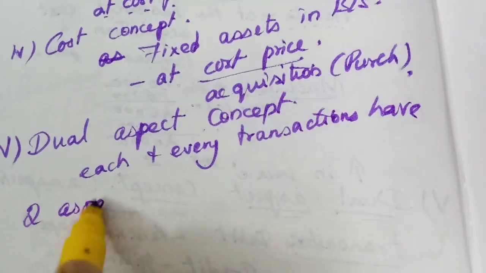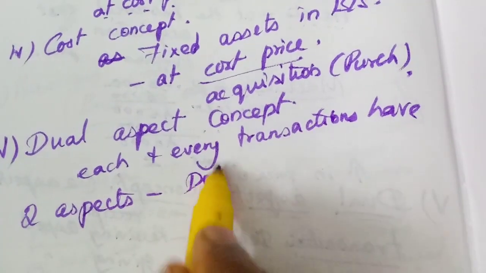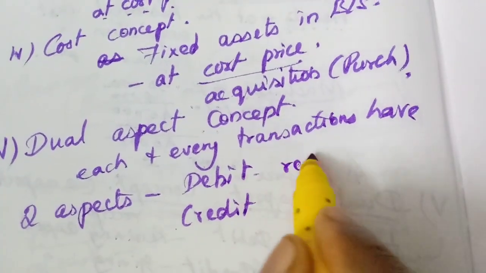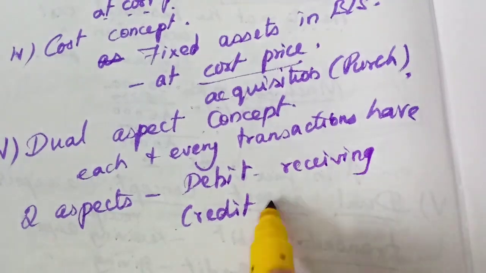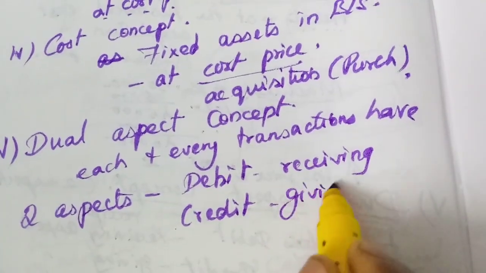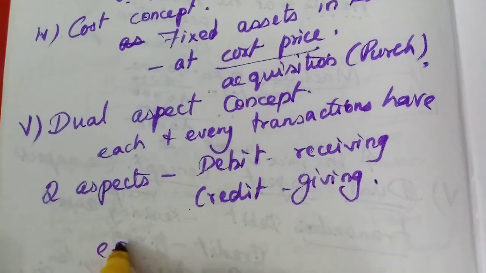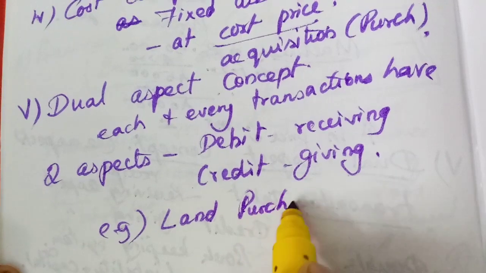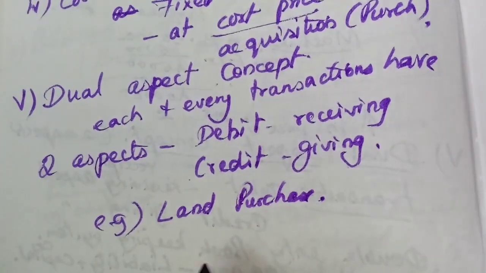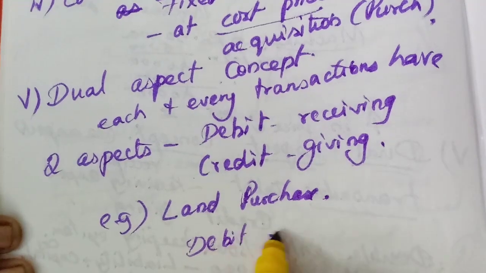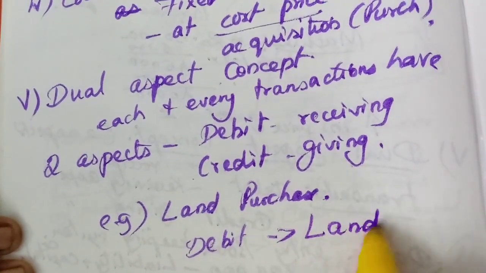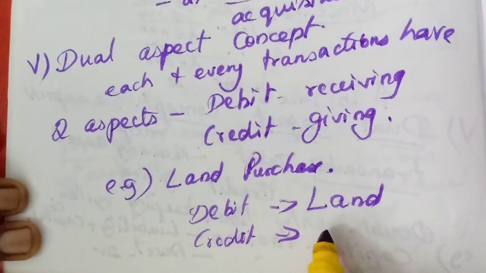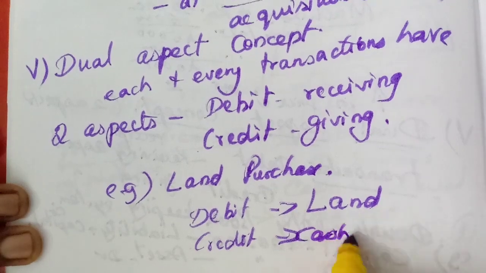One will be the debit aspect and the other will be the credit aspect. If it is debit, maybe the receiving aspect. If it is credit, that will be the giving aspect. For example, if we go and purchase a land, what we get? What is debit? What we are receiving? The land. And what we are giving? The cash or bank.